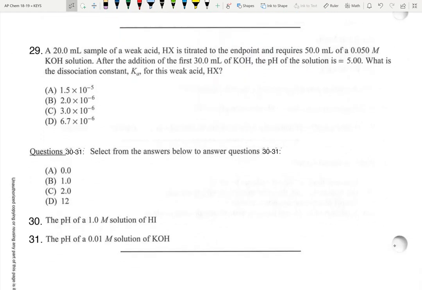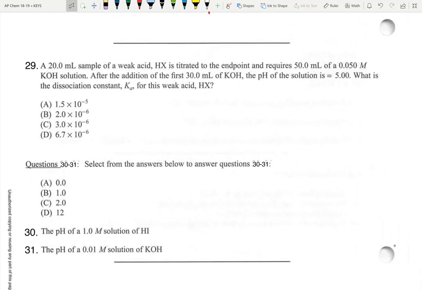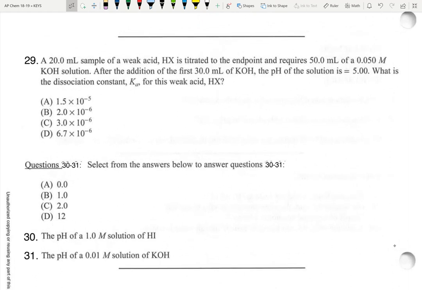29. We've titrated the acid, it says here, a 20 milliliter sample, titrated to the endpoint, and to do so requires 50 milliliters of the base. Okay. Now, after the first 30 milliliters were added, so that would be before the equivalence point, the pH of the solution is 5.